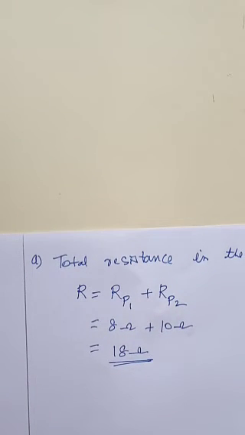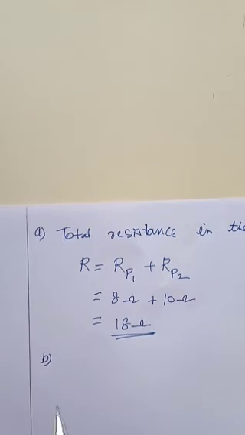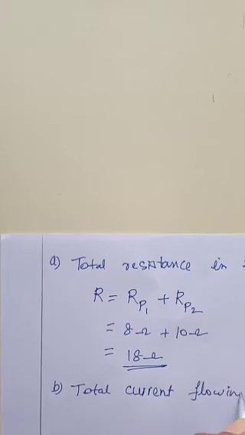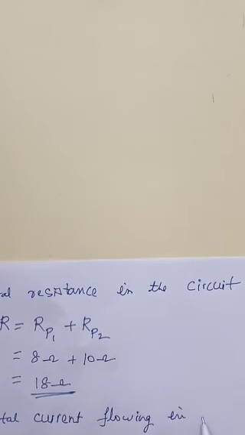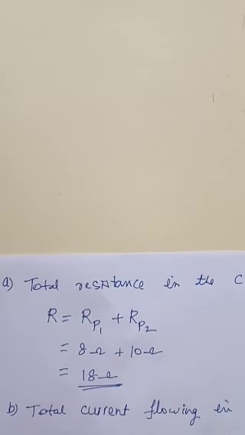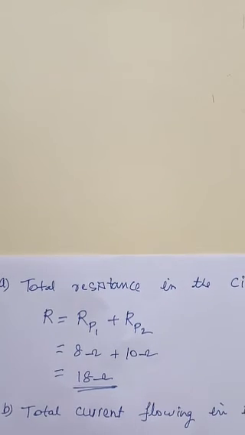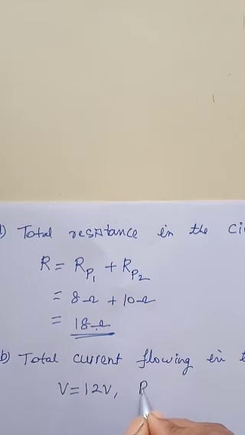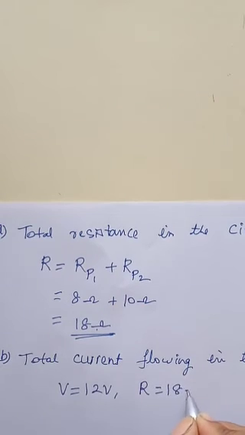B part, calculate the total current flowing in the circuit. Total current flowing in the circuit, I is equal to how much? Potential difference is given. It is equal to 12 volt. Total resistance is 18 ohm. R is equal to 18 ohm.